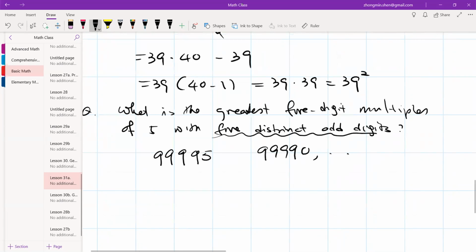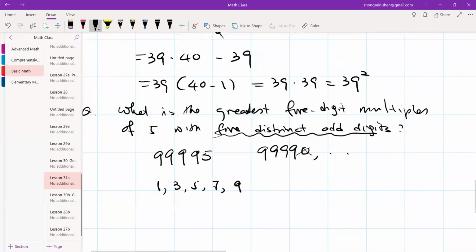They are distinct odd digits. This is impossible, right? So write down the odd digits: 1, 3, 5, 7, 9. Those are the 5 odd digits. So your 5-digit number has 5 distinct odd digits.